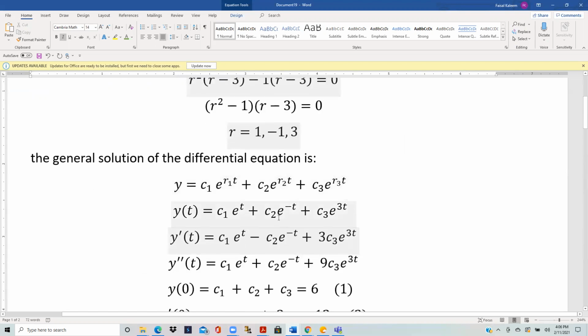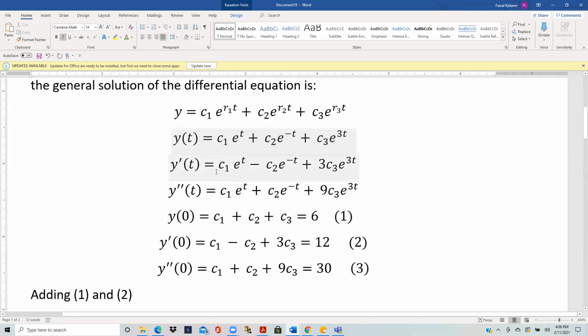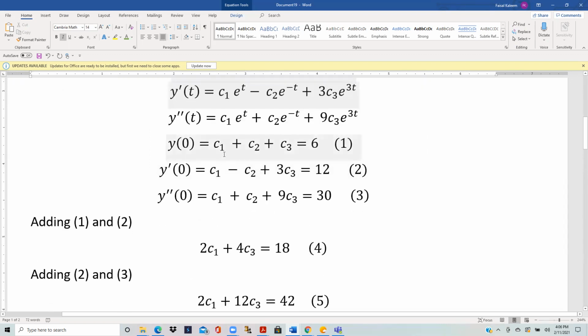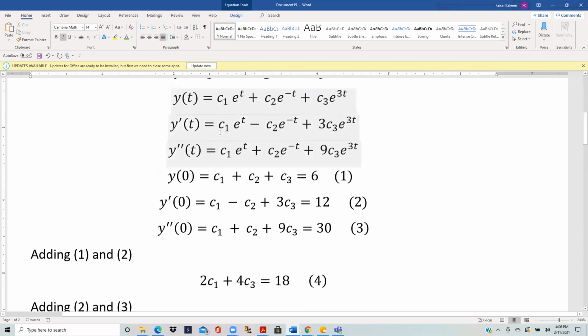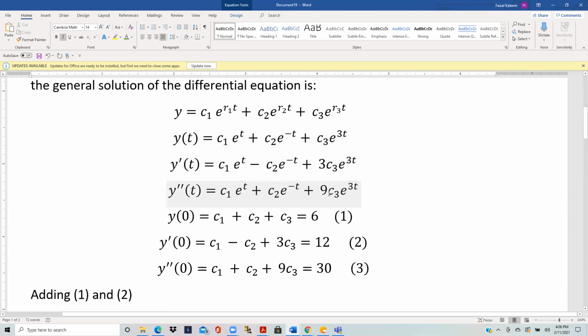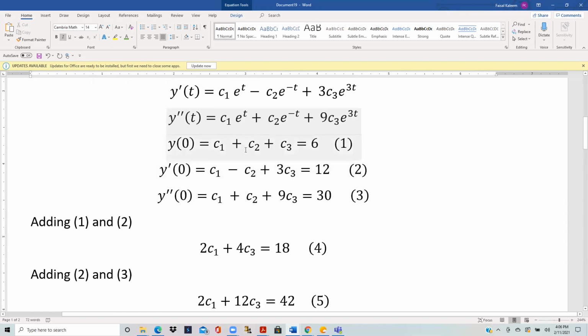C1 e to the t, C2 e to the negative t, right? Everything right until now. Derivative is fine. Second derivative is fine as well. Okay, C1 plus C2 plus C3 equal to 6. C1 minus C2 plus 3C3 is 12, right? Plus C2 plus 9 is right. This is fine as well.